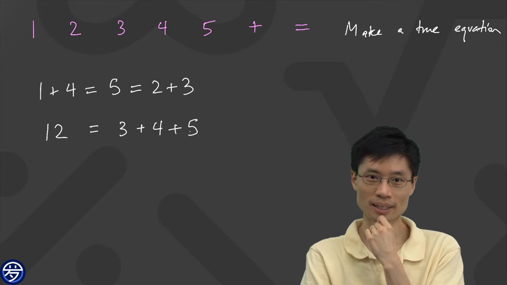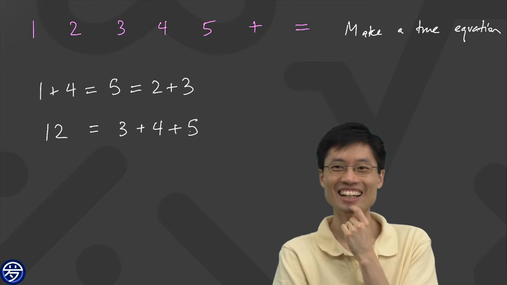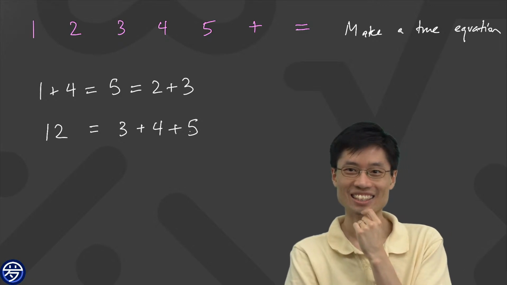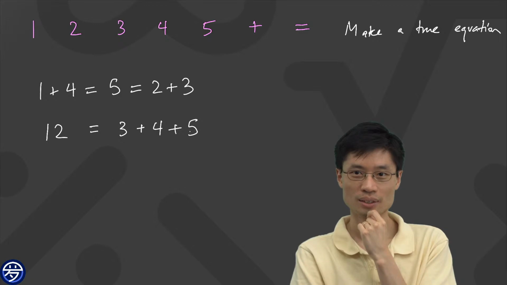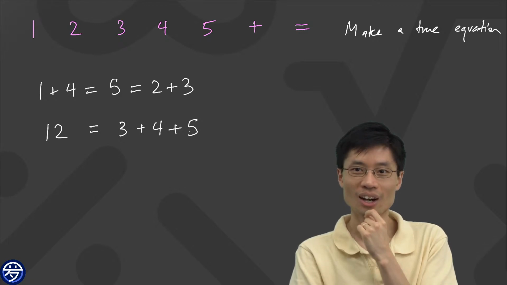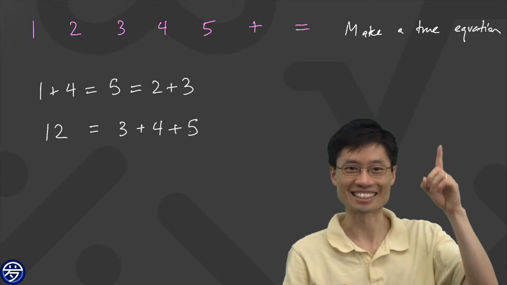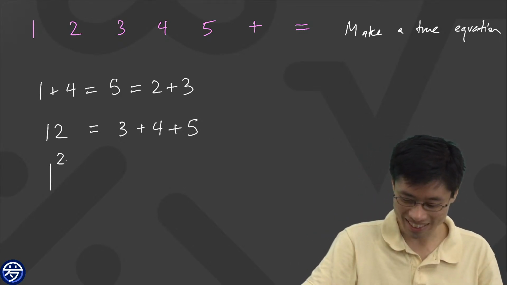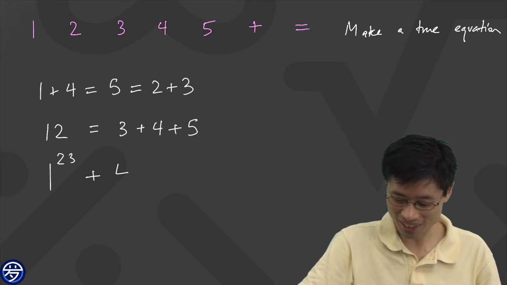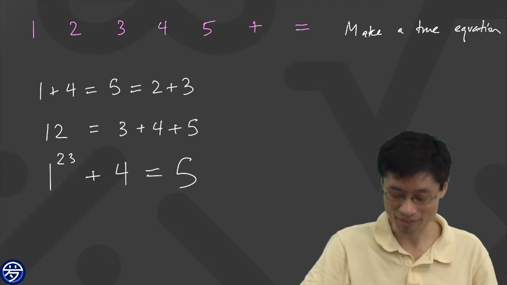So if I wanted to make... Oh, wait a second. Okay. Oh, yes. Yes, yes, 1 to the 23. That's right. You can do 1 to the power 23 plus 4 equals 5.